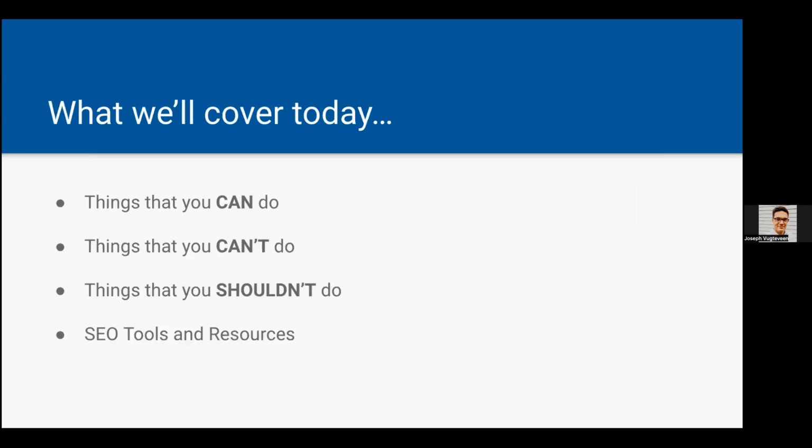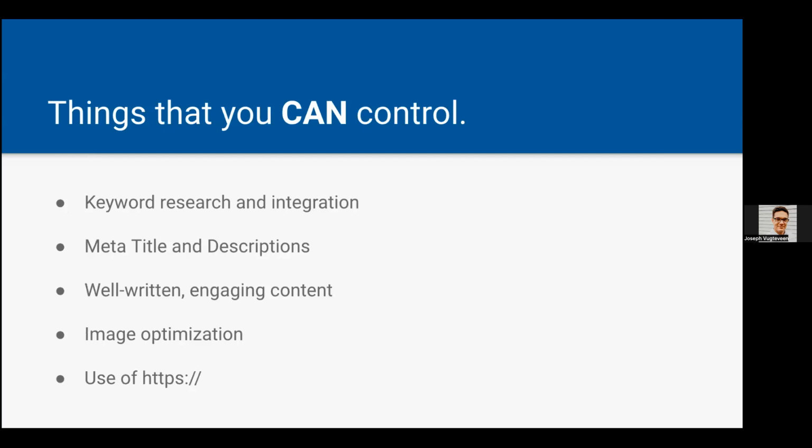So we're going to cover things that you can do in the CMS, things you can't do, things that you shouldn't do, and then some SEO tools and resources. So things you can do: keyword research and integration, meta titles and meta descriptions, well-written and engaging content, image optimization, and use of HTTPS. I'll jump into these more.